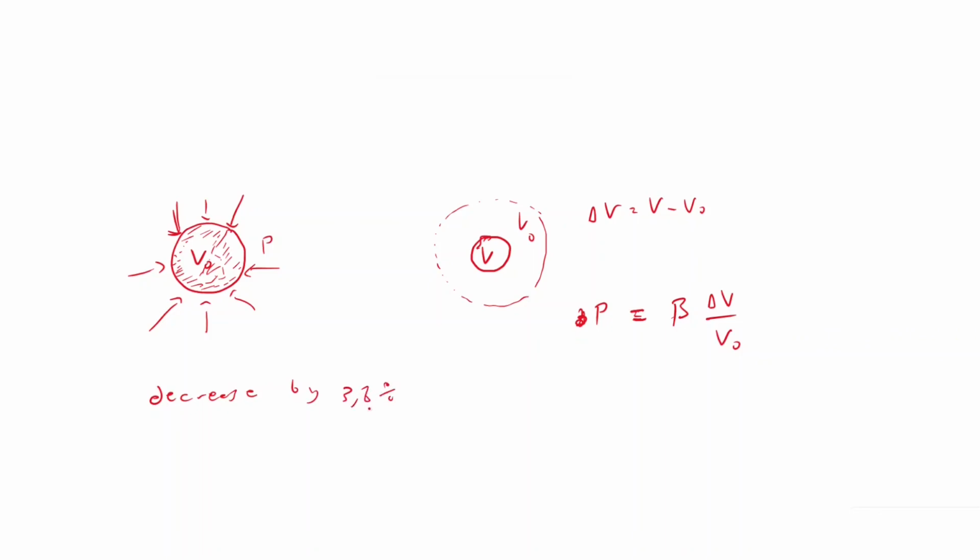I want it to decrease by 3.8%, and this is brass. All right, so I'm applying pressure, it decreases by 3.8%. So brass has a bulk modulus of 80 times 10 to the power 9 pascals. All right, so that's basically the bulk modulus of brass.